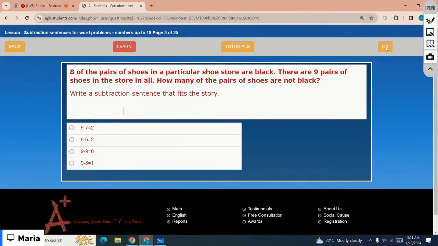8 of the pairs of shoes in a particular shoe store are black. There are 9 pairs of shoes in the store in all. How many of the shoes are not black? So which is the correct option?